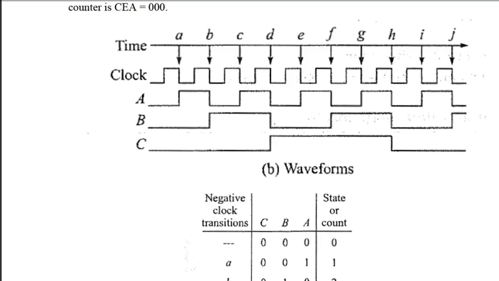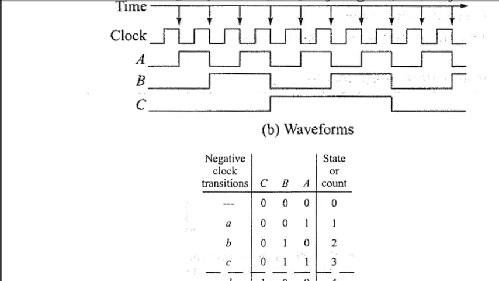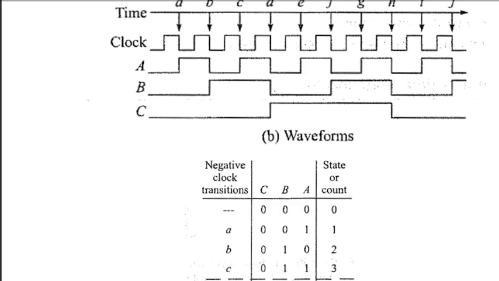Similarly, C will change state only when B changes from high to low. So at points d and h, B is changing from high to low, and correspondingly C will change its state. Now, if you measure the output, consider C as the most significant bit and A as the least significant bit.